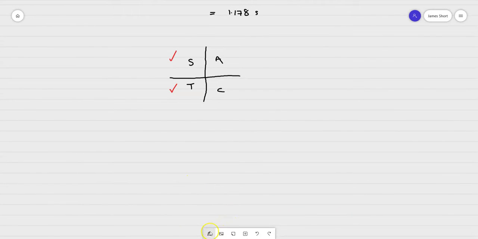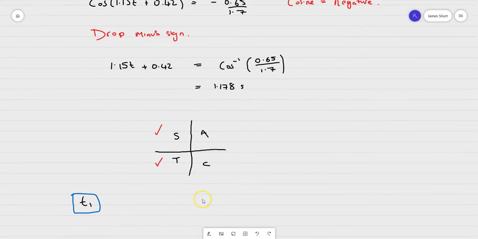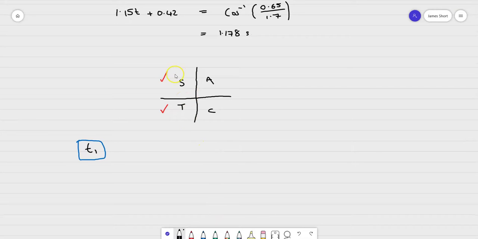So let's go ahead and calculate T1. We're going to be in quadrant 2 here, so we know we're going to be pi minus this answer here.